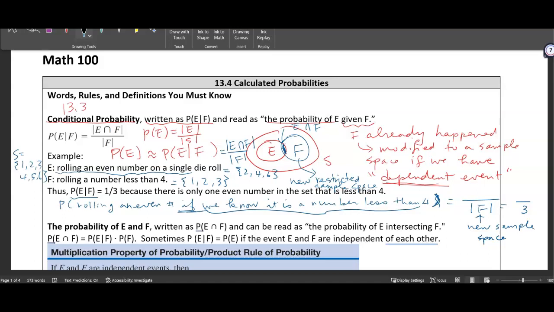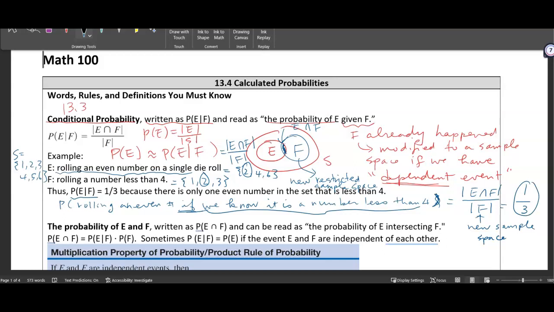Not all of E is in the F. So only this number 2 of E is contained in our new sample space, and that's what we call E intersect F. The part of E that is in F is only the intersection, which is the 2, and the cardinal number of that is 1, and so the probability of E given F is 1/3 in this case, right?